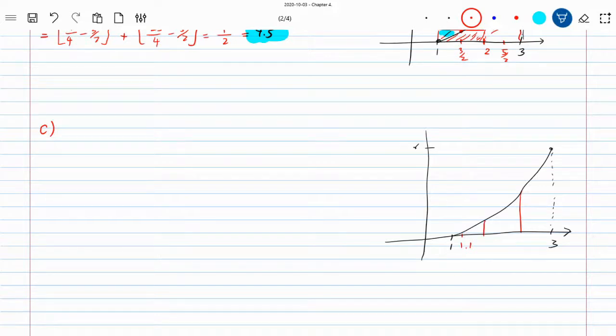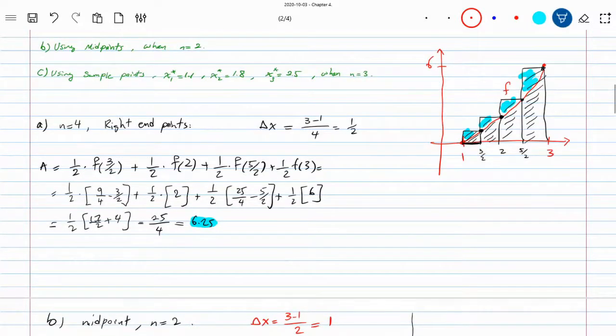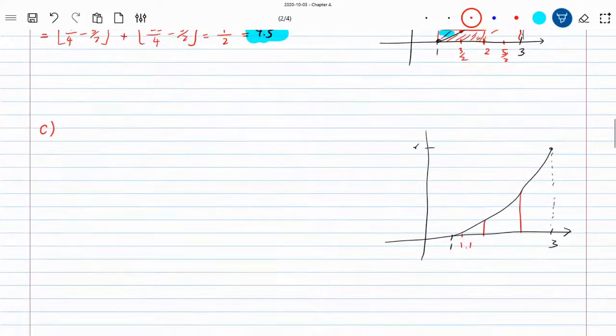And you can figure out what these specific points are by adding the lengths of each interval. The points are 1.1, 1.8, and 2.5. 1.1, 1.8, maybe somewhere here, and 2.5. Okay, so each sample point should be in the next interval.